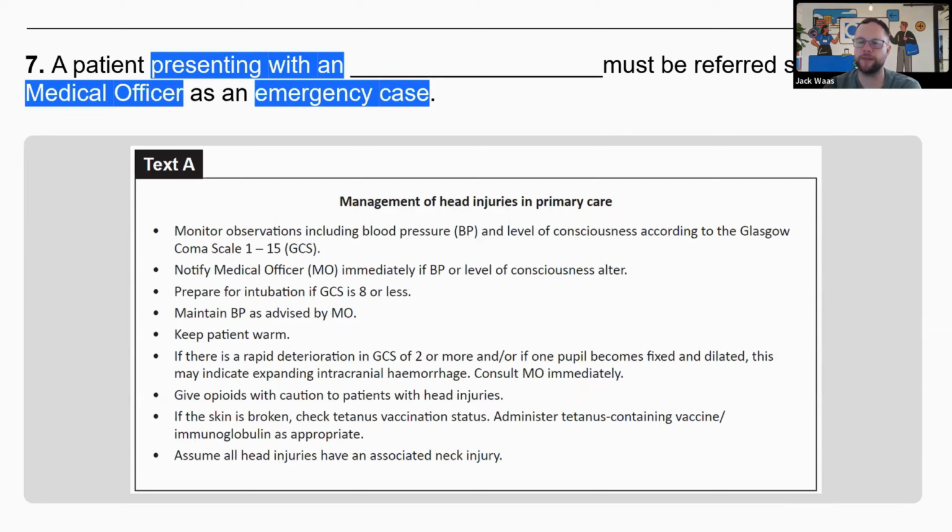We might assume that's an emergency, although it doesn't specifically say so, and there's nothing here that can go into the gap following a patient presenting with "an." So let's take a look at text B.